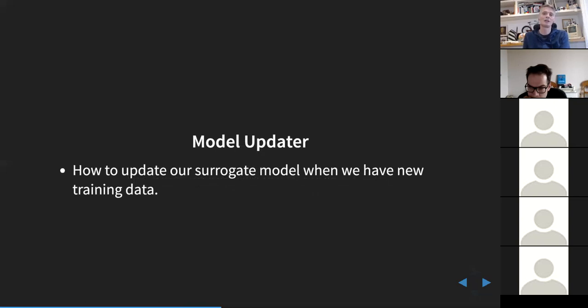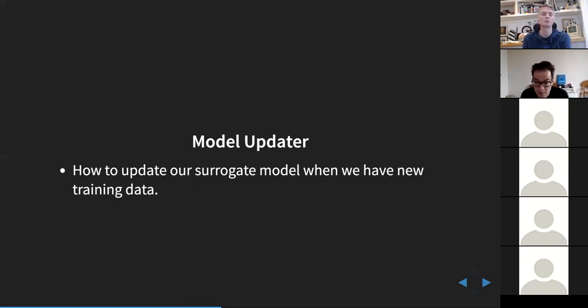So the model updater is this process of, well, I've got new training data now because my acquisition function told me that we should look in this new part of the space, and now I need to update the surrogate model. Depending on whether I'm using a Gaussian process or potentially even a random forest model, those models will have different approaches to updating.